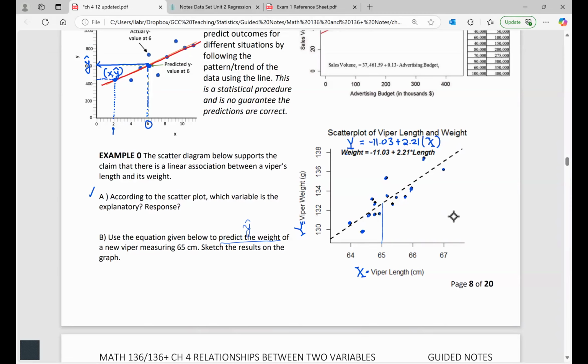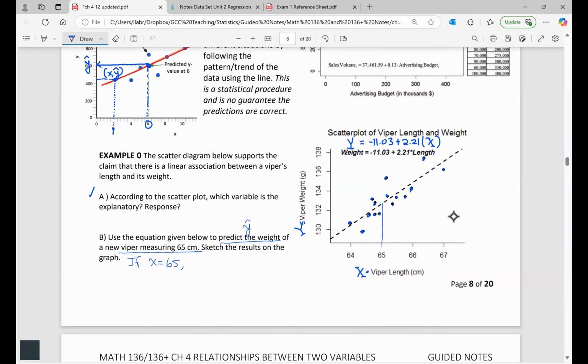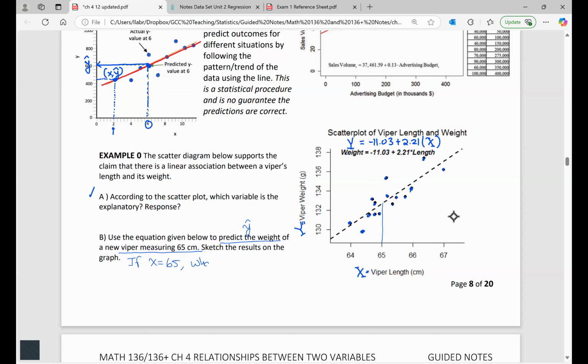So that should be the length. So in other words, they're saying if x is 65, they're basically asking what is the y value. And remember that if we're predicting, we're going to call it y hat. So luckily we have our equation.